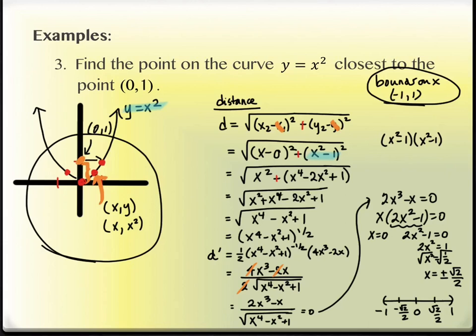So does anybody know what square root 2 over 2 approximately is, just for a reference point? It's about 0.71. Okay, so we need numbers that are on either side of about 0.7. So maybe you try 0.5 in here, and negative 0.5.